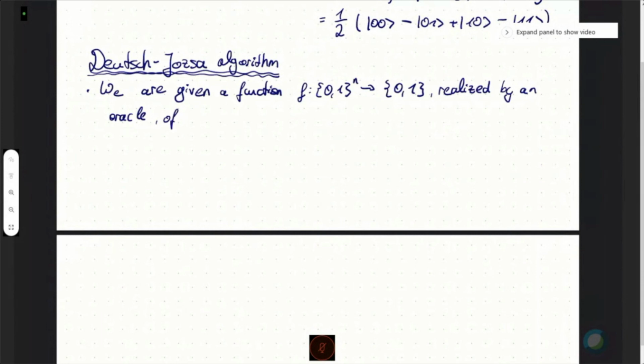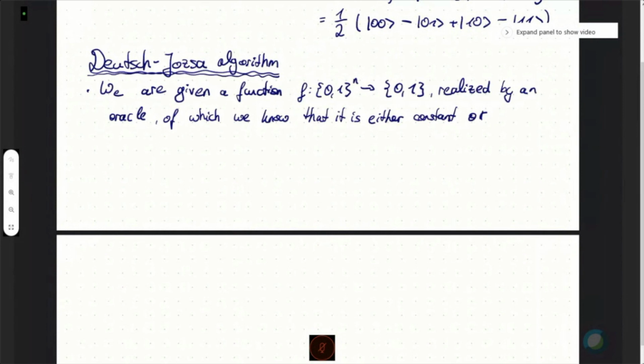But we are promised that the oracle is either constant. Constant means in this case that all inputs map to the same output. So either all inputs map to 0 and it just outputs 0 every single time, or they all map to 1 and it outputs 1 every time. If the function is constant, it means that no matter what we input, we would always get the same output.